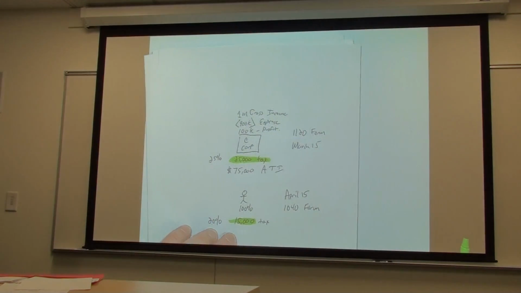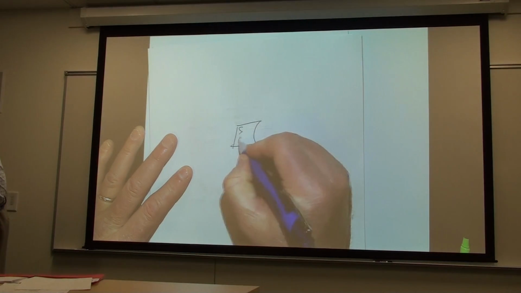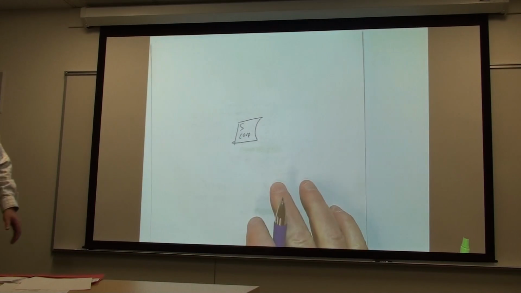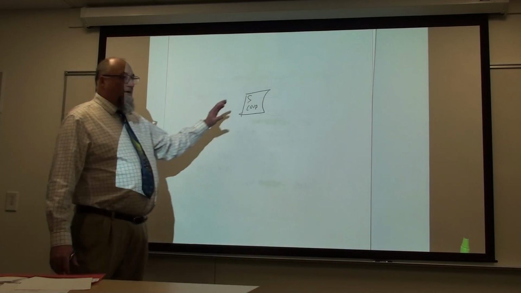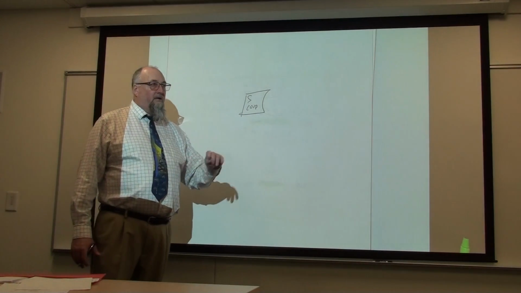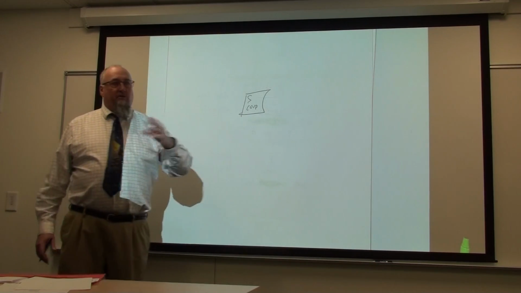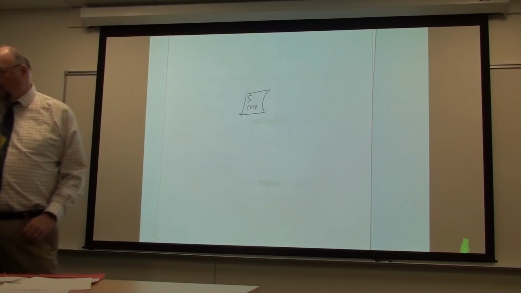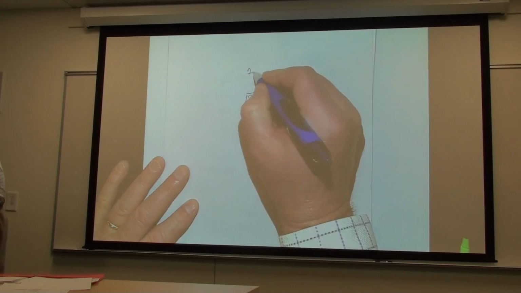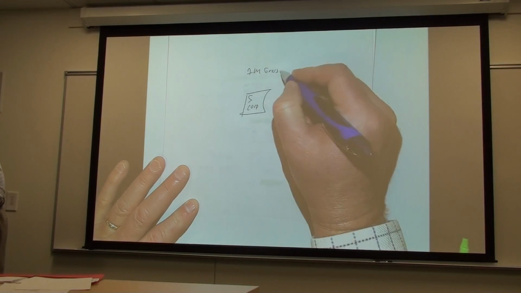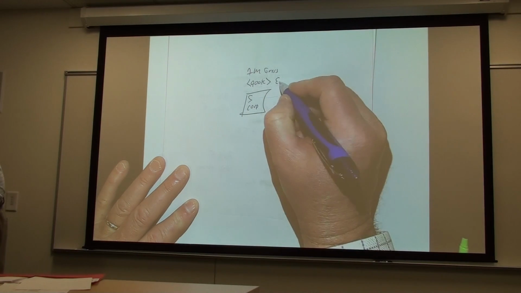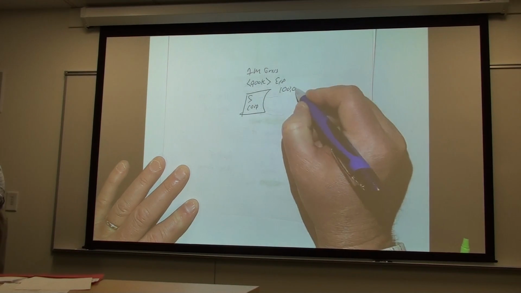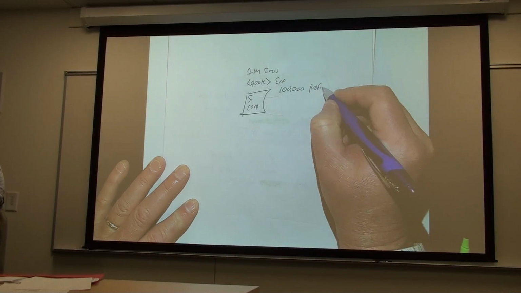So, a classic example of a pass-through is an S-corp. As a pass-through entity, that's one of the reasons why S-corporations were created, to allow corporate structure without having to pay corporate tax. So again, let's say we have $1 million of gross income, 900,000 of expense, which leaves 100,000 of profit, just like before.